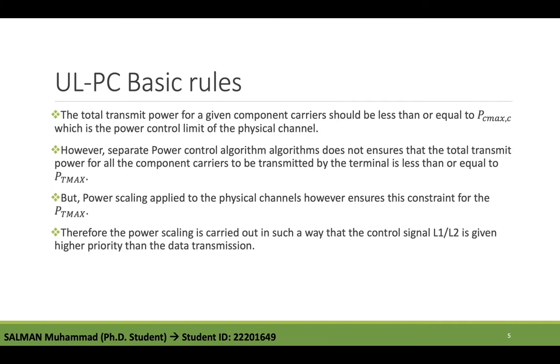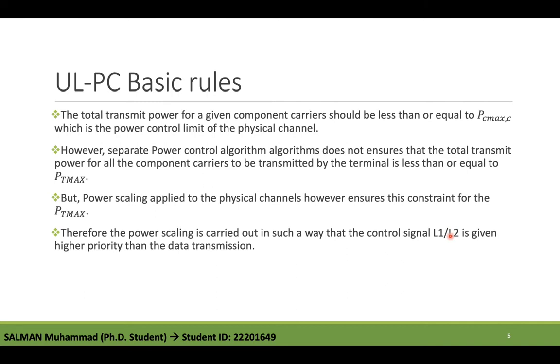However, in case of multiple physical channels to be transmitted in parallel from the terminal, the total power to be transmitted for all physical channels may in some cases exceed the maximum terminal output power, which we denote by P_T,max, corresponding to the terminal power class. So the basic strategy is to first ensure that the most important transmission is assigned the power assumed to be needed for reliable communication.